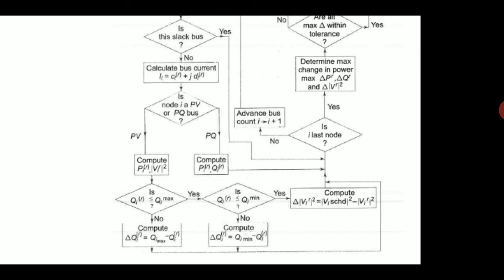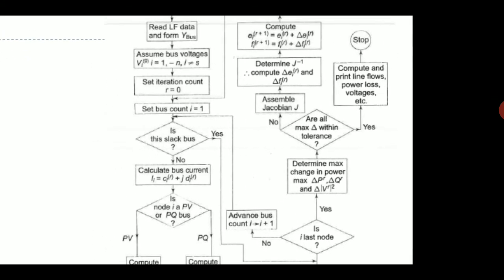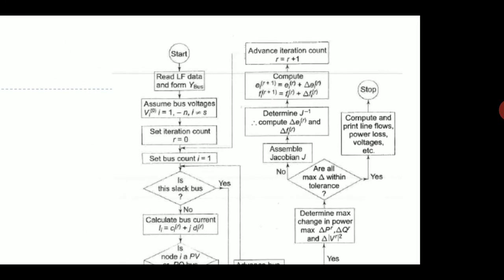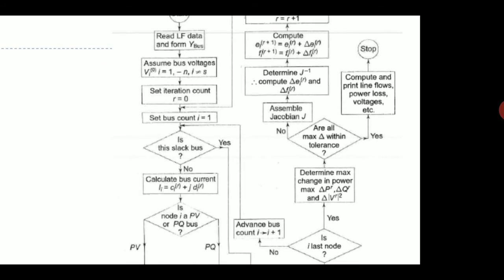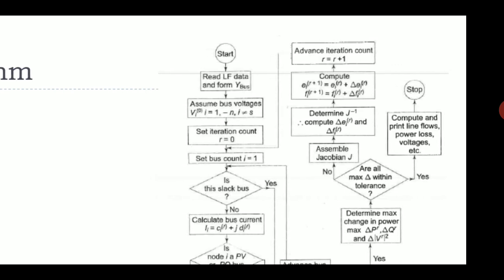Now this is the computational side. We determine the delta P and delta Q for every bus. After that, we check whether the maximum delta is within tolerance.